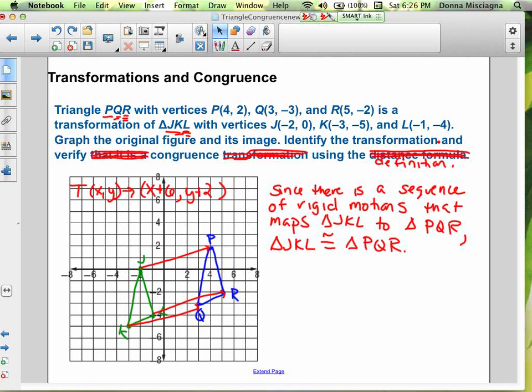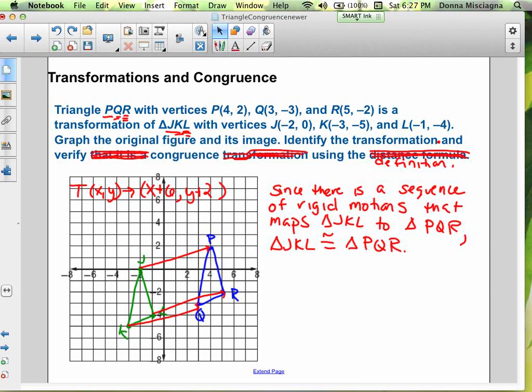So we use the definition. Later on, we'll use the distance formula, and we're going to tie that into another way to prove triangles congruent. But right now, we're just focusing on using transformations to prove congruence.